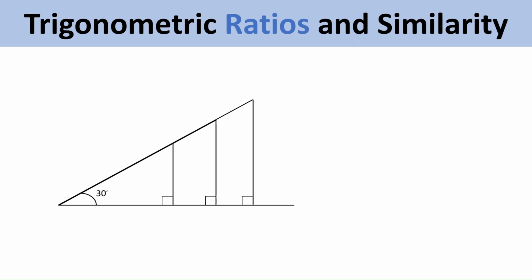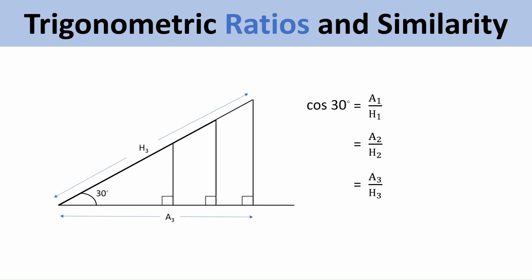Using the same set of similar right-angled triangles, cosine 30 degrees would be equal to the ratio of the adjacent side over the hypotenuse. In this case, for the smallest right-angled triangle, it would be A1 over H1. Cosine 30 degrees would also be equal to A2 over H2 and A3 over H3.